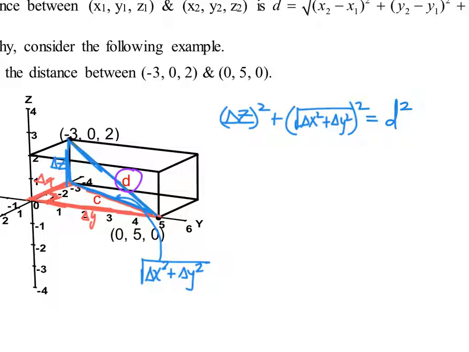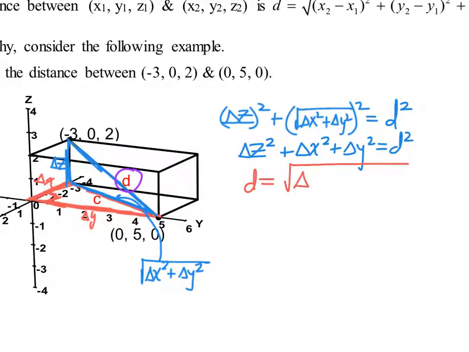Square each part, and you get delta z squared plus delta x squared plus delta y squared equals d squared. Solve for d and move some things around, and you get this, which is the formula above, just the one above is a little bit more explicit.